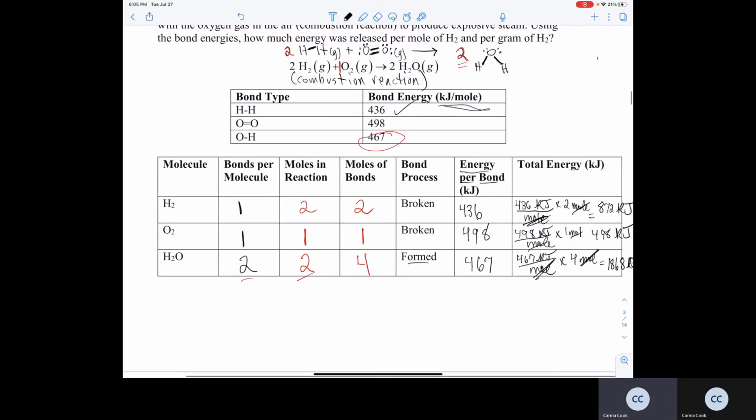What we need to do to answer that question is to calculate the total energy difference.